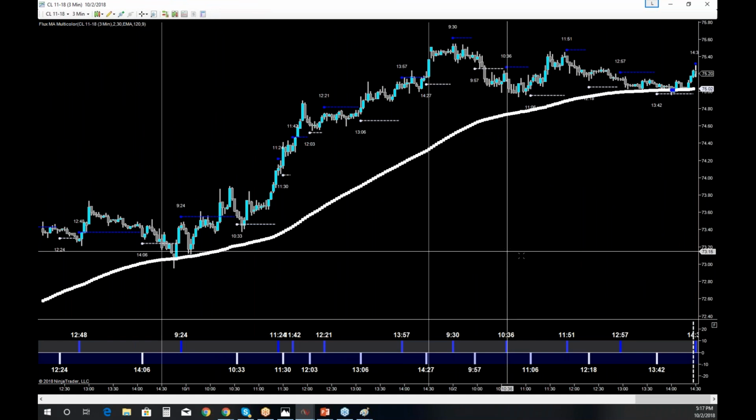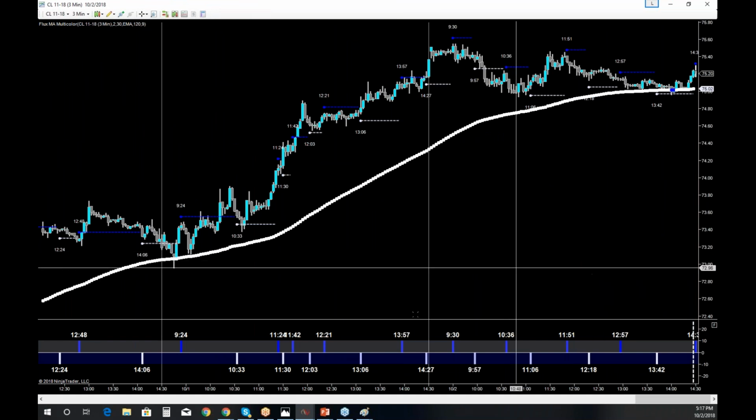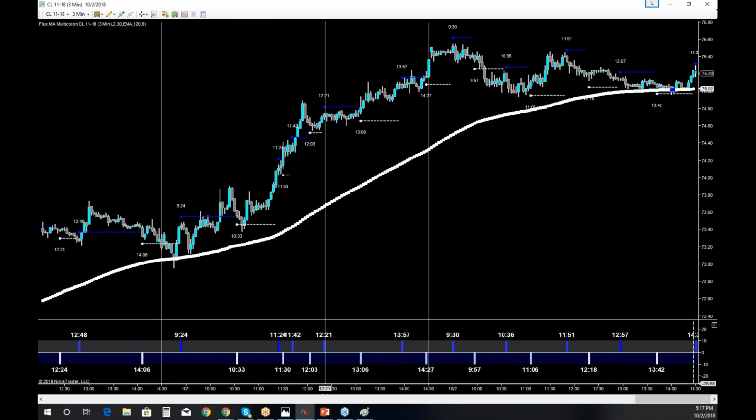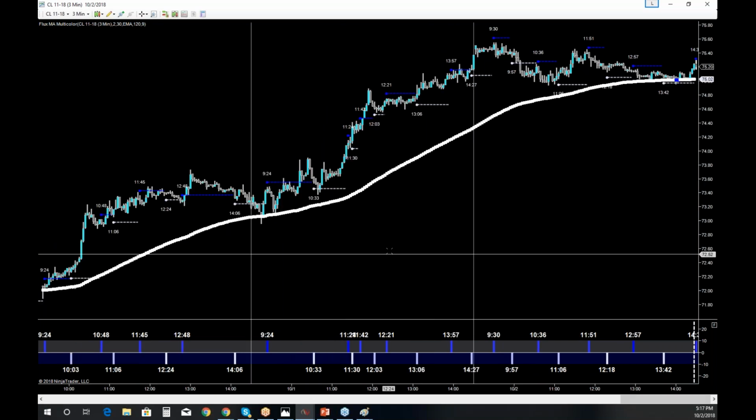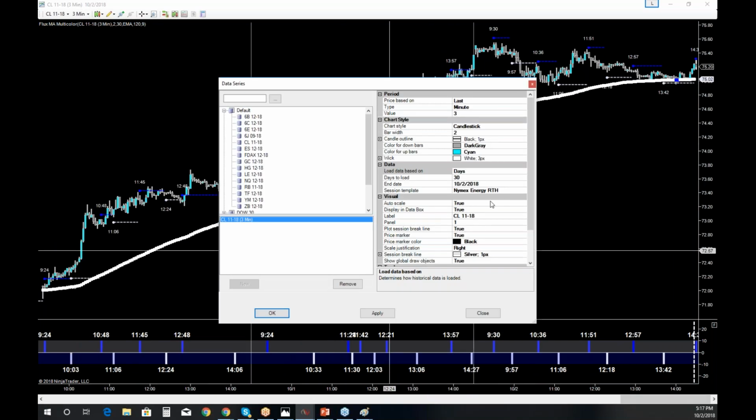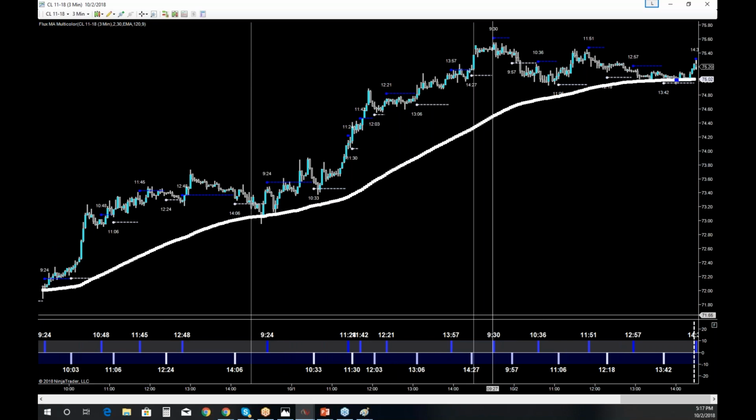For example, here's crude futures on a 3-minute chart. If you're watching at home and you own the software, I have it set to the NYMEX real-time trading hours session template. And so, Dennis, obviously the price of crude has been going up.